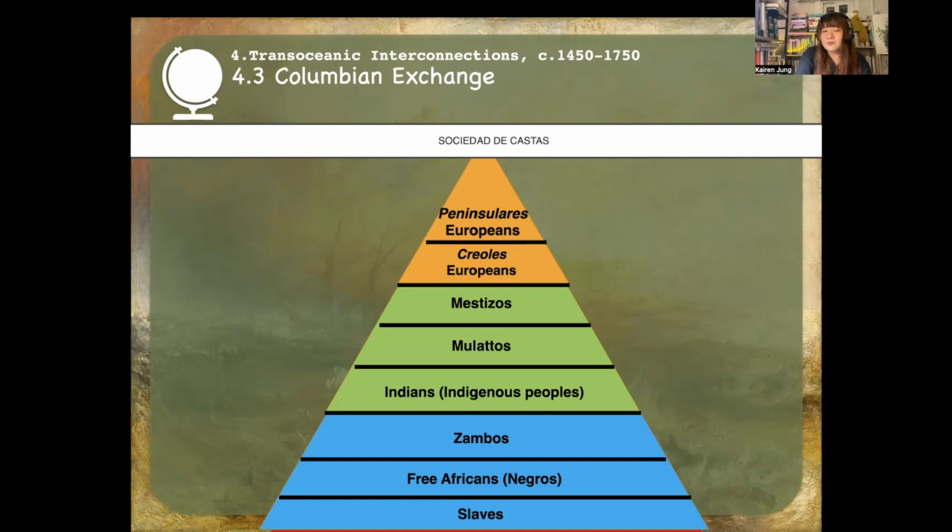The Indians above that, or the indigenous peoples. Above that, the mulattoes. Above that, the mestizos, who were progressively more and more mixed. And then above that, you had the Creoles, the Europeans, and then the Peninsulares Europeans, right? The Europeans that were born in the Americas and the Europeans who were born in Europe were segregated amongst each other. It was a crazy time.